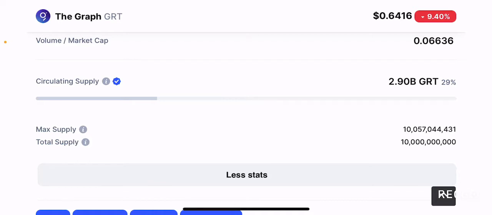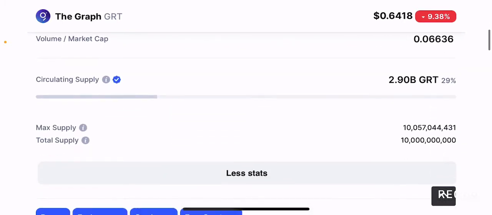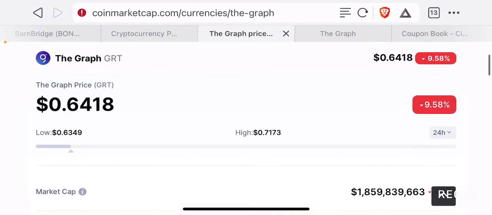So I would probably say that this is going to cause concern to people, because that much token being unloaded in the market is not going to help this token go upwards, right? So it is definitely going to affect this token. So that's something that you guys definitely need to bear in mind.